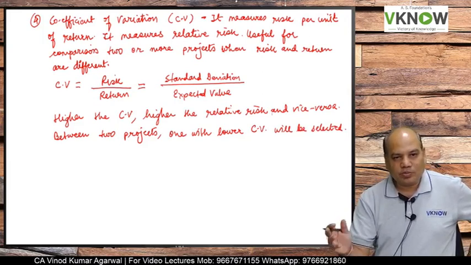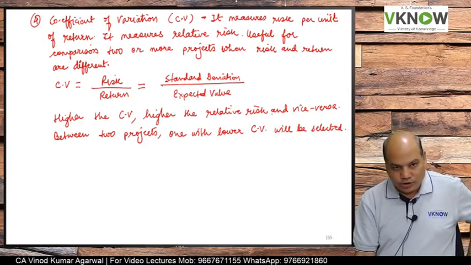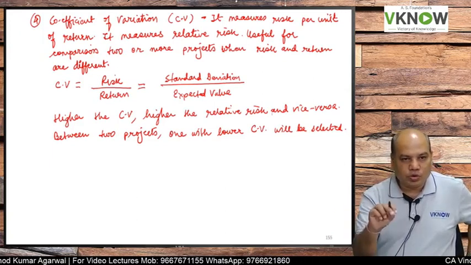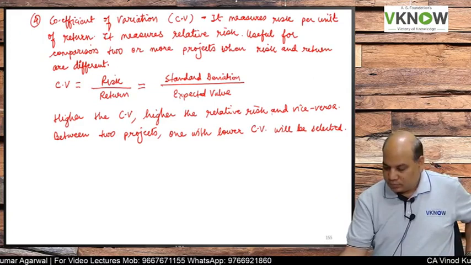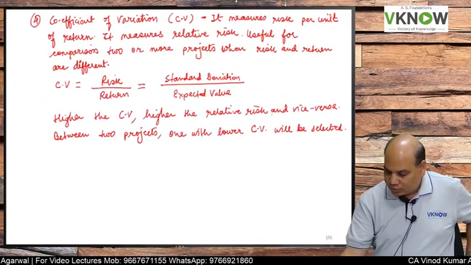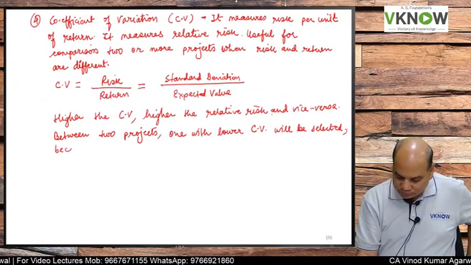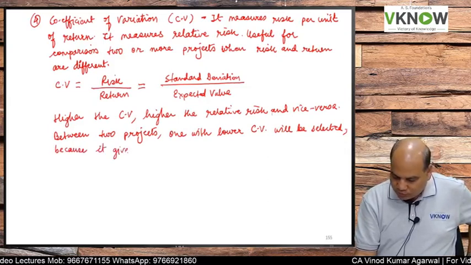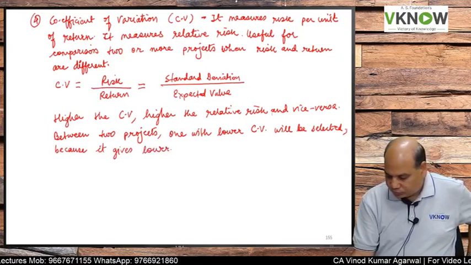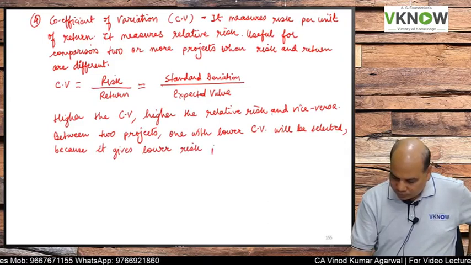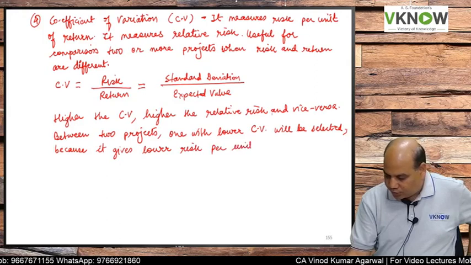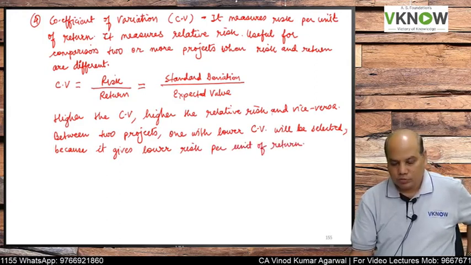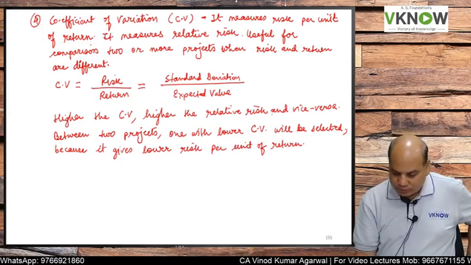If the risk and reward both are different, compute CV and the decision will be based on CV because it gives you lower risk per unit of return. What is the reason? You want to write the reason: because it gives lower risk per unit of return. That is coefficient of variation.